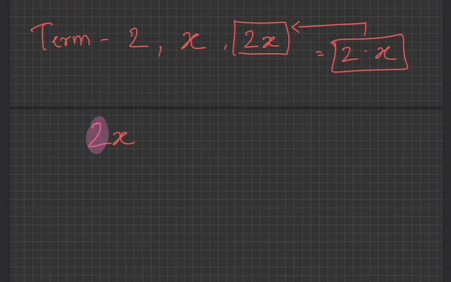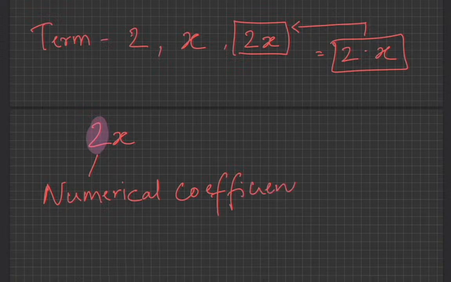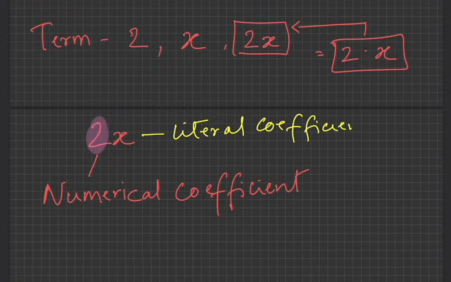In this it is called the numerical coefficient, and x is called the literal coefficient, right?